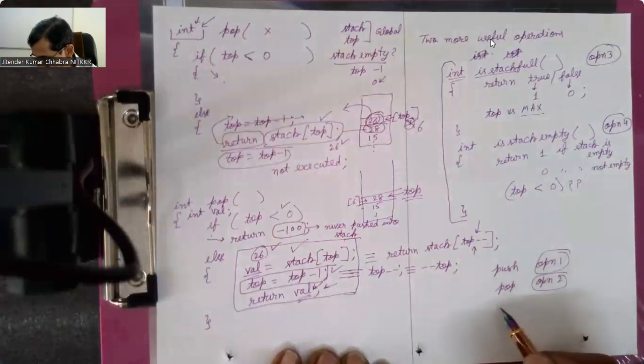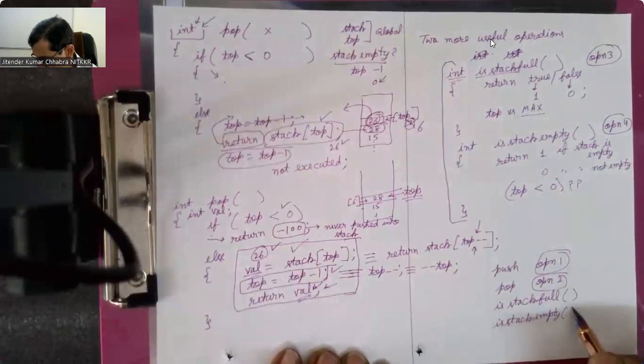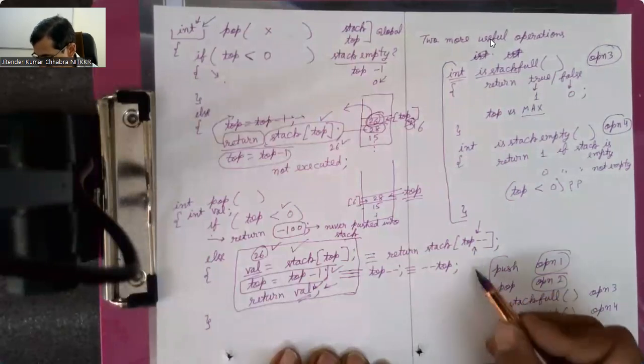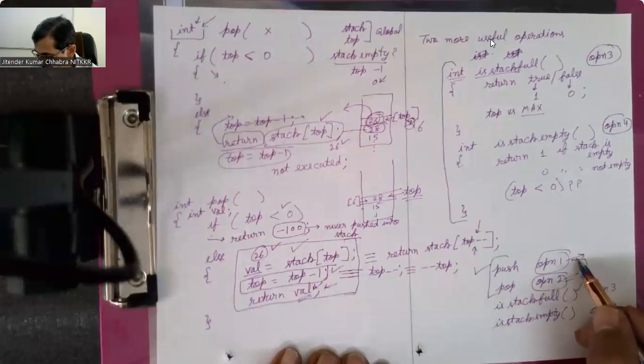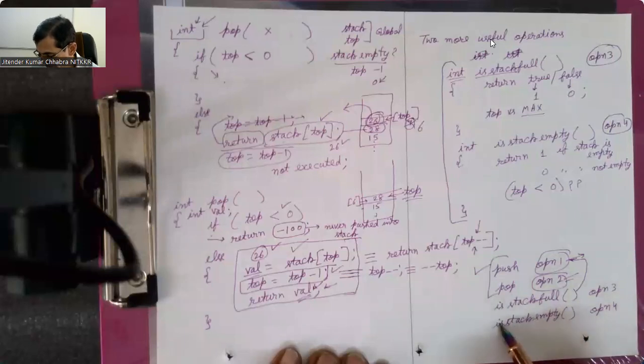And we also provide is stack full and is stack empty as two more operations, operation 3 and 4. Of course, push and pop will be used, and internally they are automatically using stack full and empty. Stack full is already being used in push, stack empty is already being used in pop.